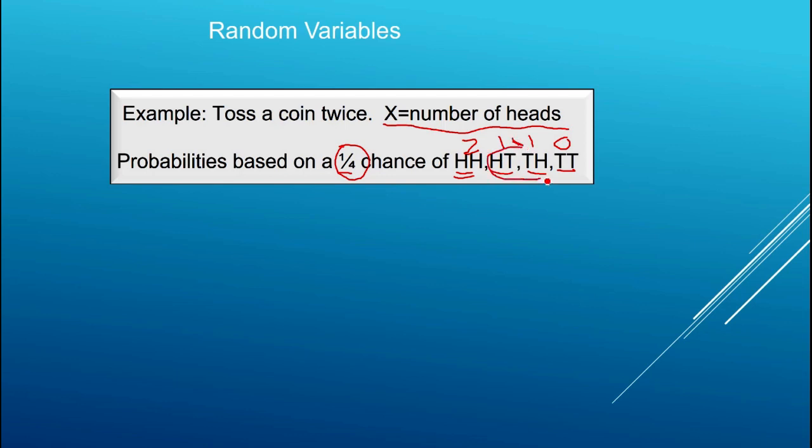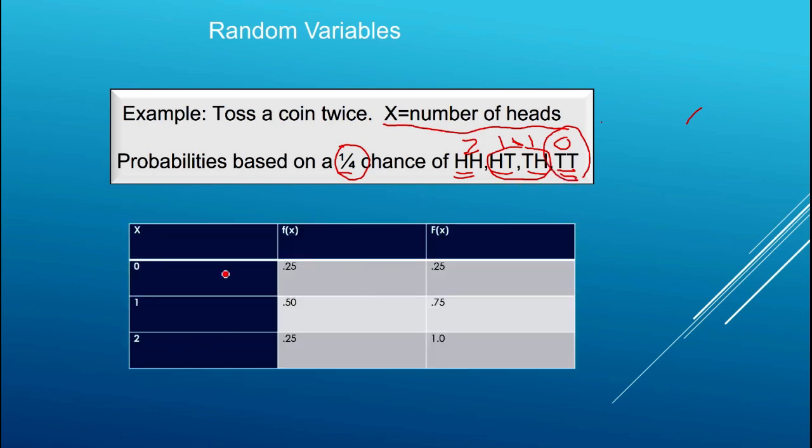You need to add up the probability of both of these occurrences, and each one occurs with a chance of 0.25. So the probability that x takes on a value of 1 is going to be equal to 0.25 plus 0.25, or 0.5, 50%. And then the probability, of course, that x takes on a value equal to 0, when we roll a tails and a tails, happens with a 25% probability.